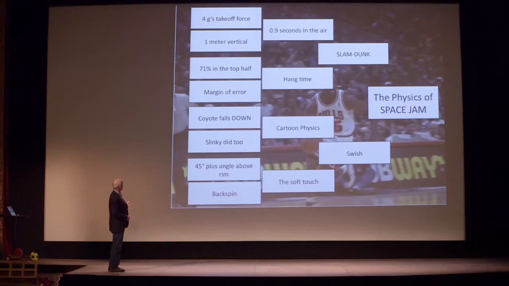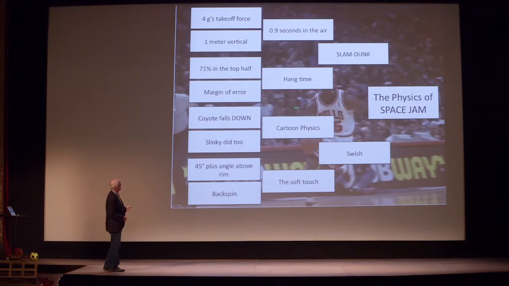It's one of the reasons that it appears that the player is hanging in the air: 71% of the time is spent in the top half of the trajectory furthest from the ground. We also talked about margin of error, okay, which doesn't factor into hang time, but I needed to put it somewhere.